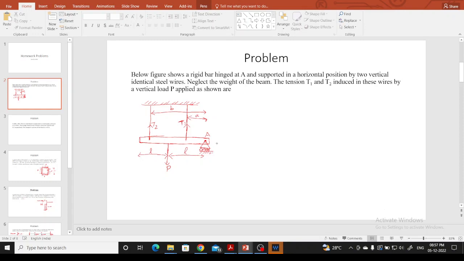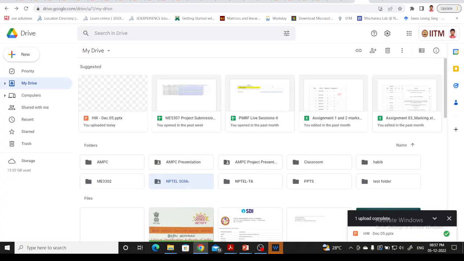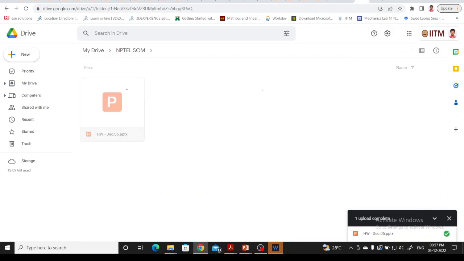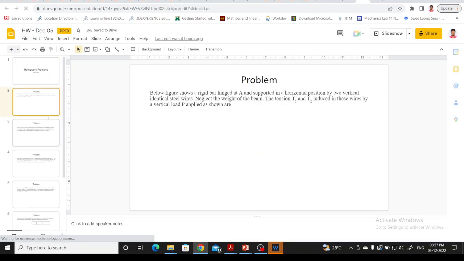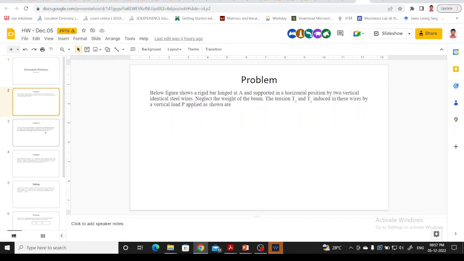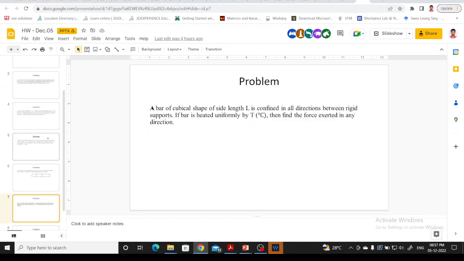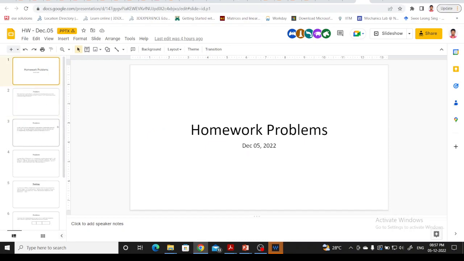No, this is different from the one in the video. Maybe I will check in my Google Drive. These figures are not visible for me. Is it visible for others? No, it is not visible.